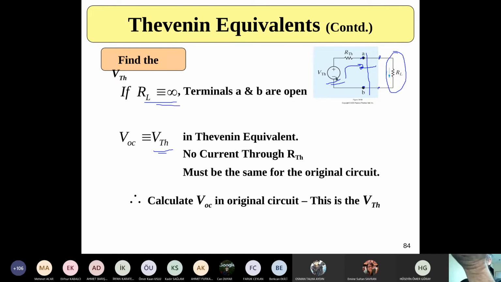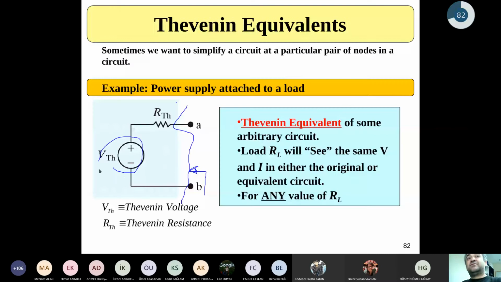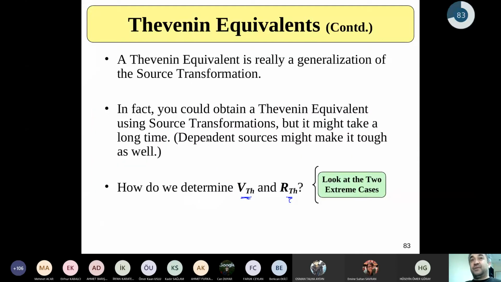That will be the Thevenin voltage. If we had a multimeter and the real circuitry here, we can obtain this value by just measuring the open circuit voltage between the terminals A and B.